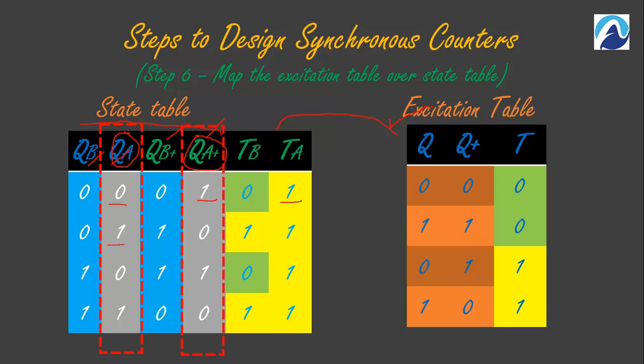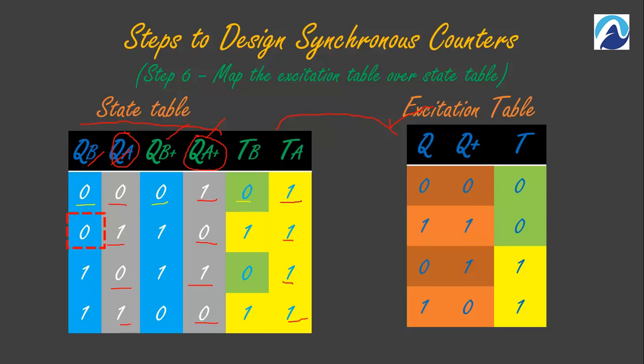QA is 1, I want 0. Again I need to give the toggle state. This is the mapping. It is 0, I want 1. Again it's the toggle. This is 1, I want 0. Again I need to give the toggle state. For the B flip-flop, the value QB is 0 and I want 0. No change is there. So the value of TB is 0.